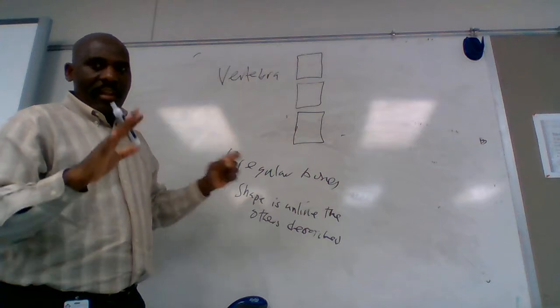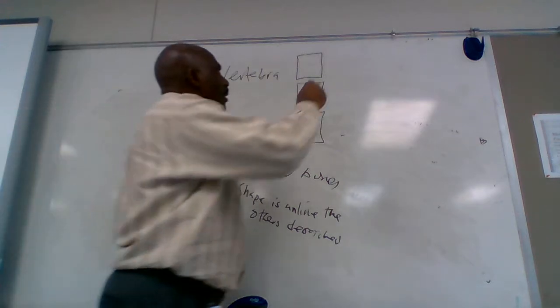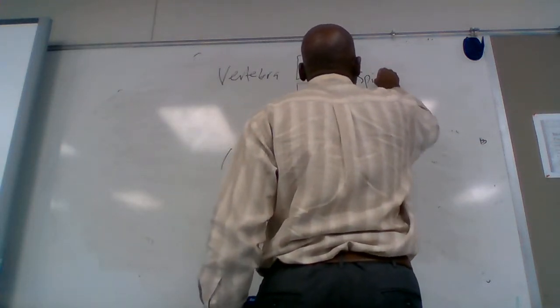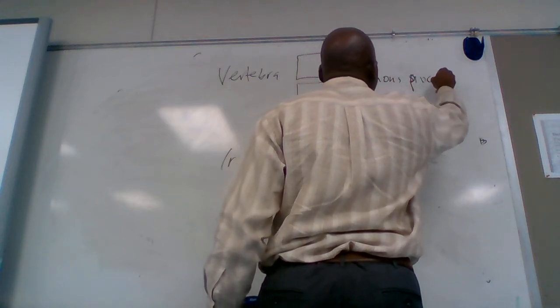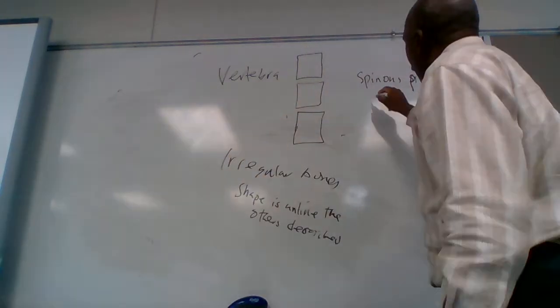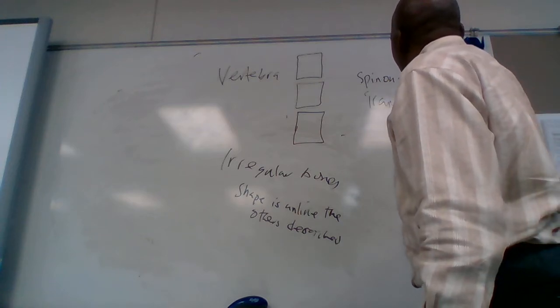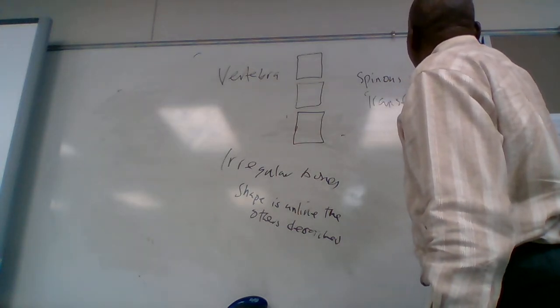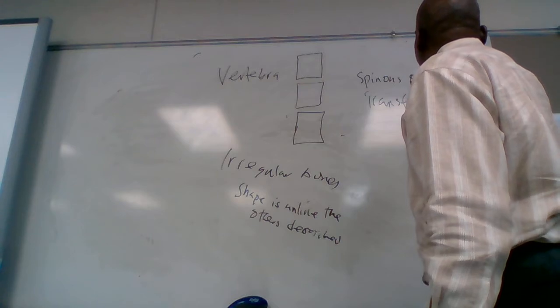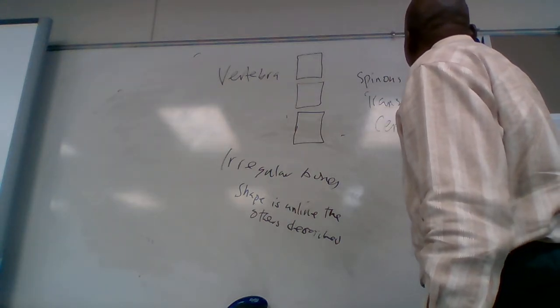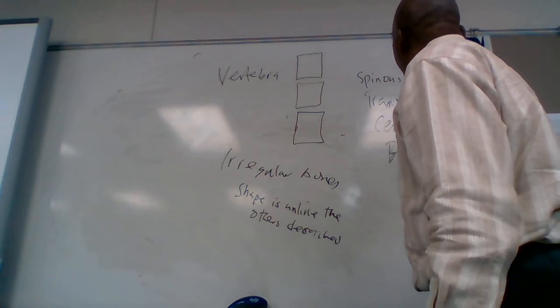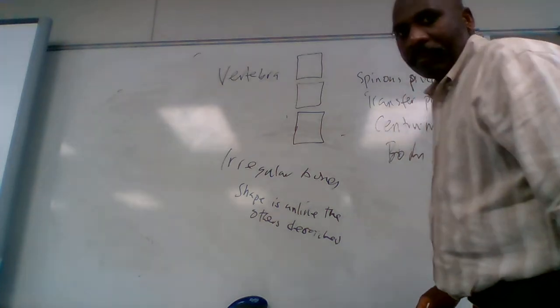If you look at a diagram of a vertebra, you will see it has a spinous process, two transverse processes, and then a centrum and a body.